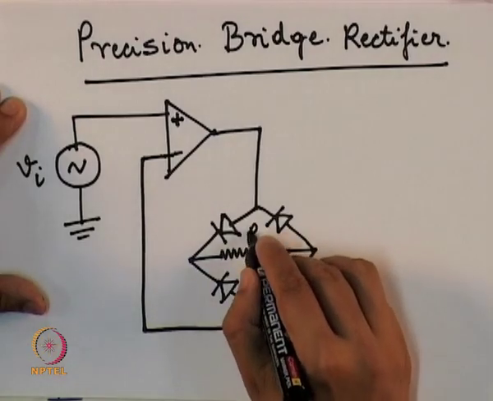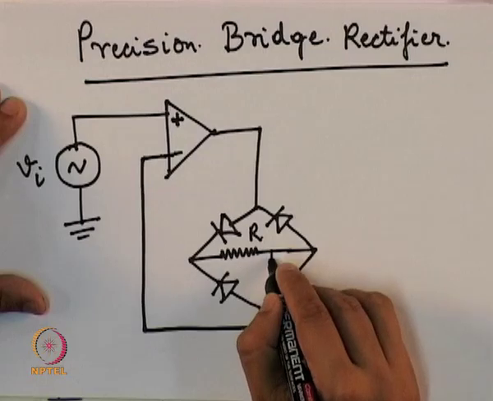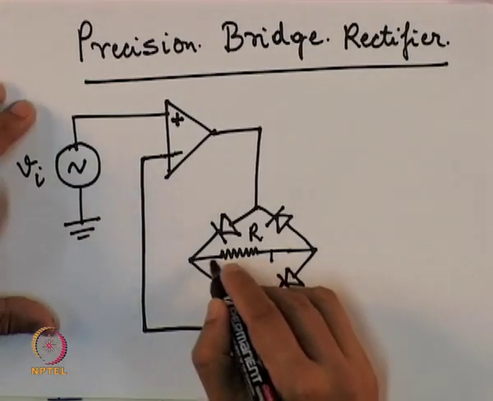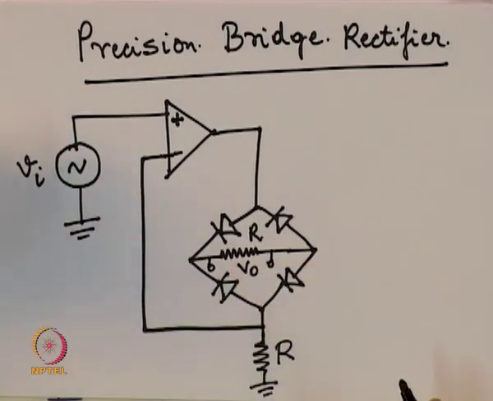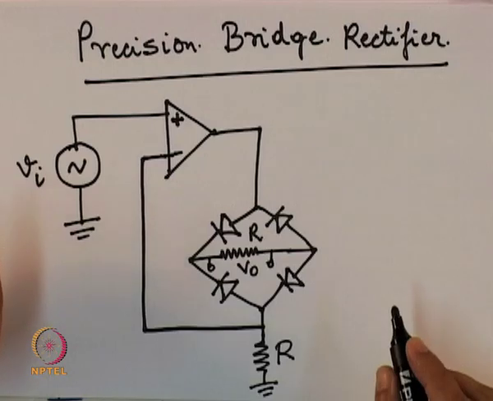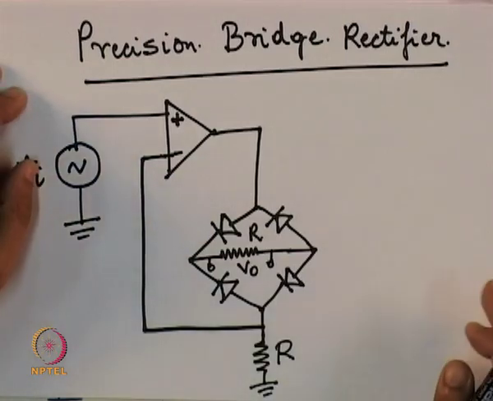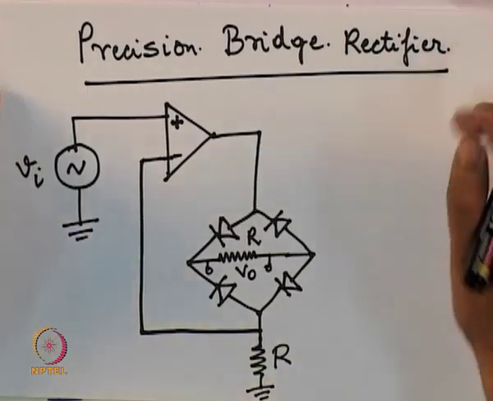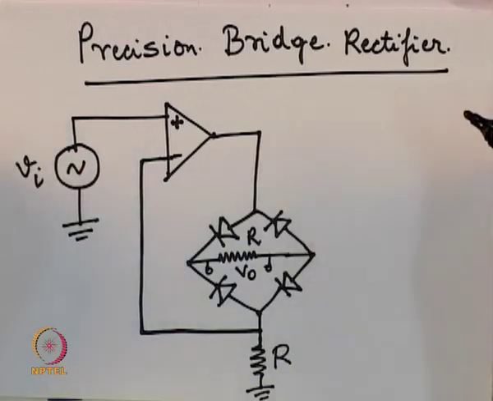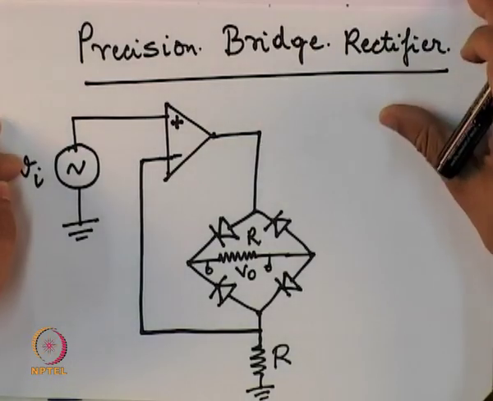So, this is my bridge rectifier circuit. Vo is taken between these 2 points, and I leave it as an exercise for you to analyze this circuit and show that indeed the threshold voltage problem will not be here.